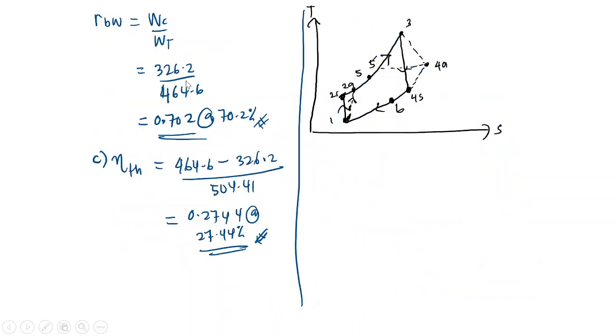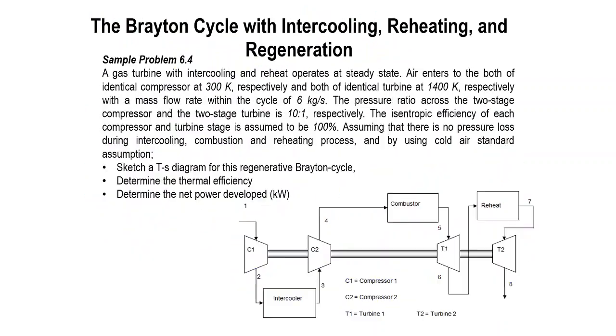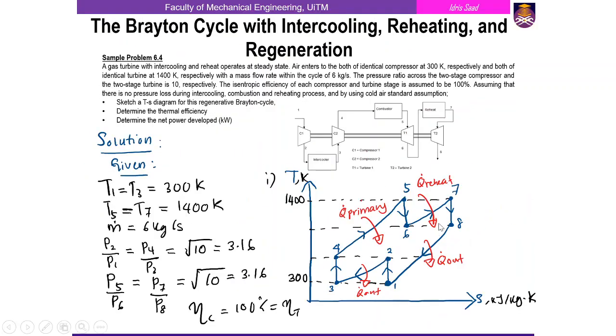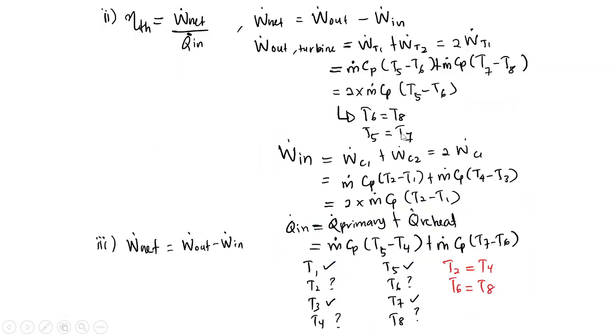From this figure we can determine the temperature at each point. So calculate first the temperature at points 6 and 8, 5 and 7. Substitute in this equation, so we can get the turbine work out. Same with the work in.